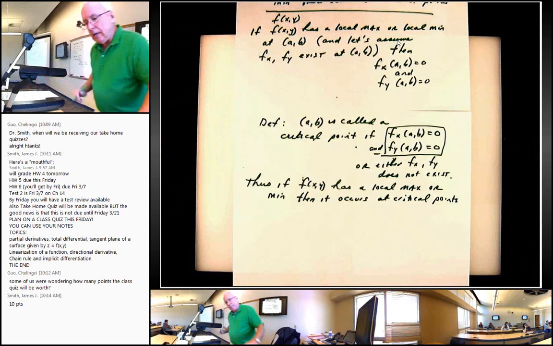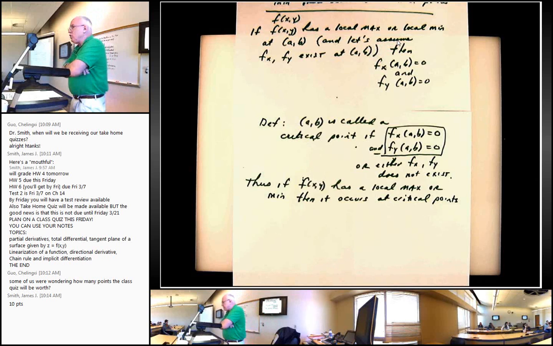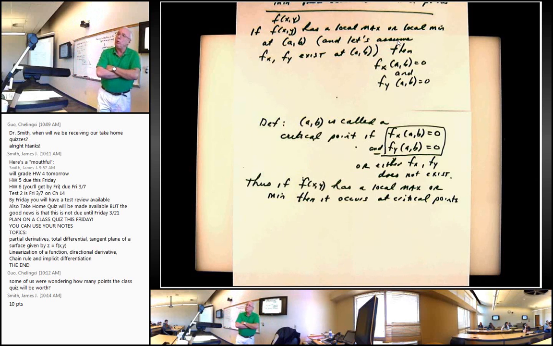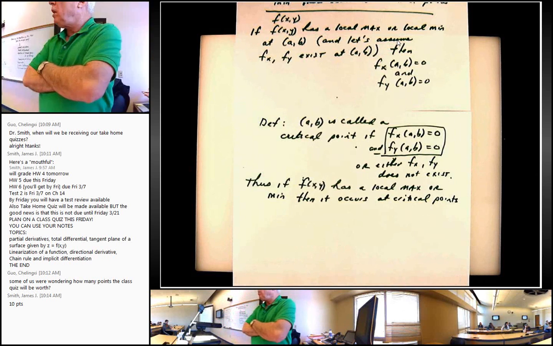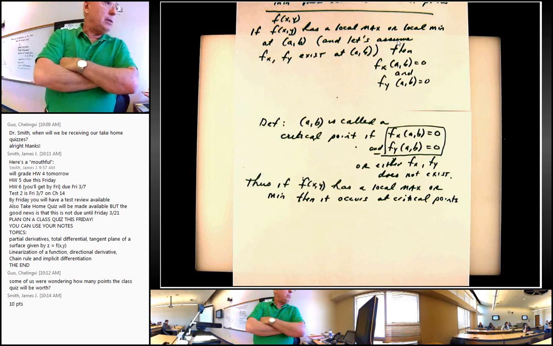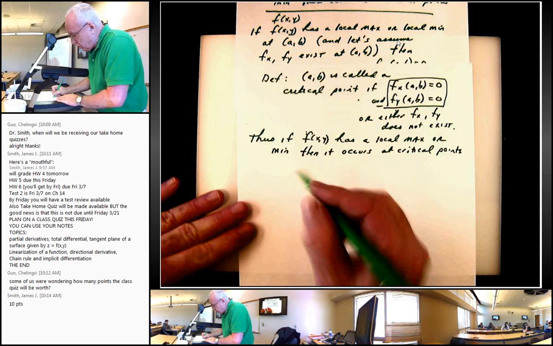All right. Now, there is something that can happen here. We can have a critical point, and yet we don't have either a local maximum or a local minimum. So let me put here caution.